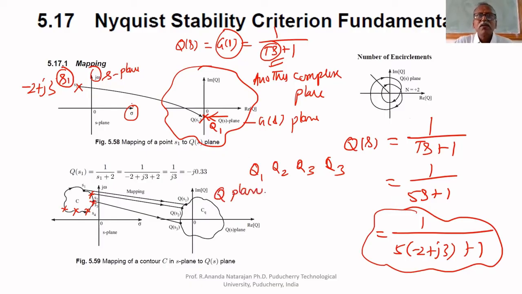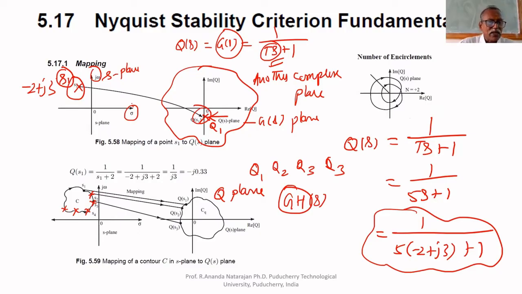If the S plane points are substituted in transfer function G, then this plane is called G plane. Suppose I substitute all these S plane points on G of S, H of S, then this plane is called GH plane. That is called mapping. I mapped this S1 in Q plane as Q1.